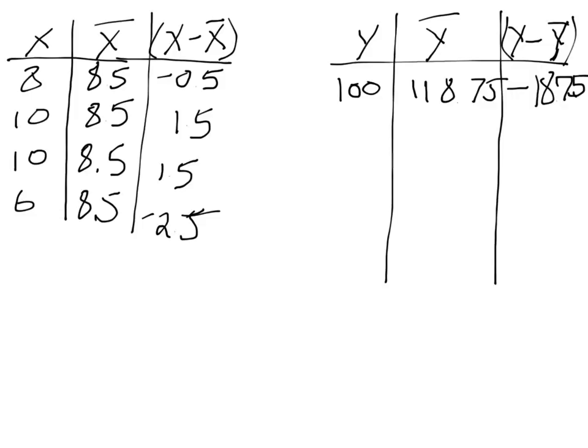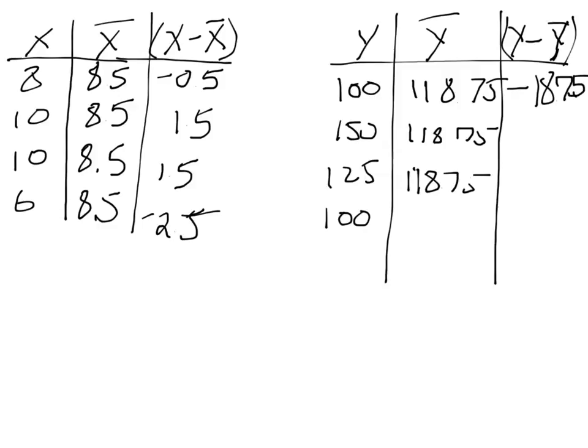The second y was 150, 125, 100 again. So this is 31 and a quarter, 6 and a quarter, and negative 18 and three quarters.